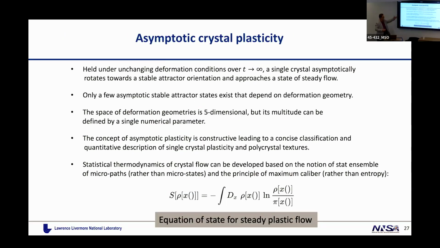This concept of asymptotic plasticity, and the ability to reduce complexity to just one parameter and the whole flow to streaming towards stationary points, stationary states, can be potentially very constructive. I'm working on it right now. It leads to a pretty concise quantitative description of crystal plasticity in general, but also potentially of polycrystal textures, where you hear horrible names like gold texture or copper texture. So there are actually some configurations of these asymptotic attractors, right?